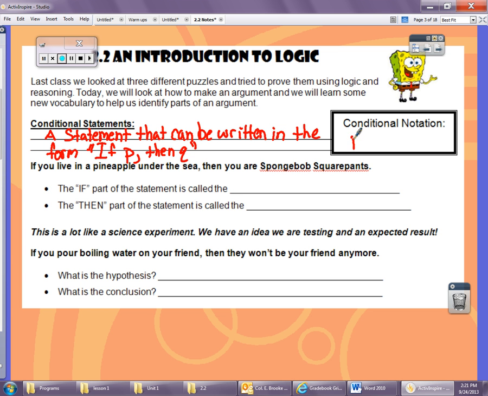So if P then Q. So a conditional statement is a statement that can be written in the form if P then Q.